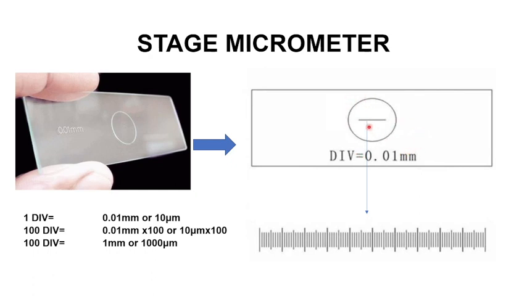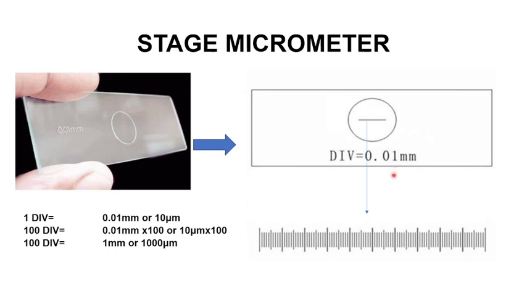I mean, you are not able to see all the lines that are present on this portion. On each stage micrometer, the distance between two lines, or the distance for one division, is always mentioned, and for this stage micrometer it is 0.01 millimeter.